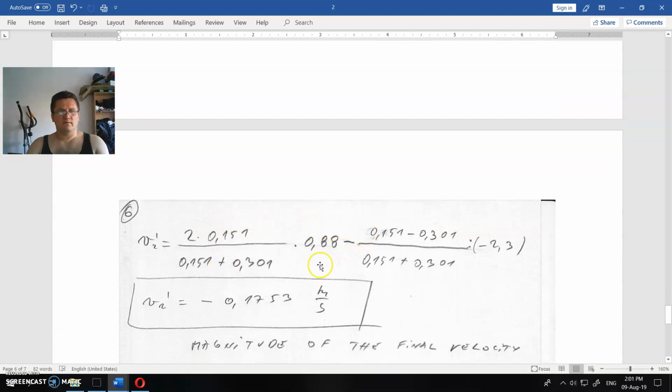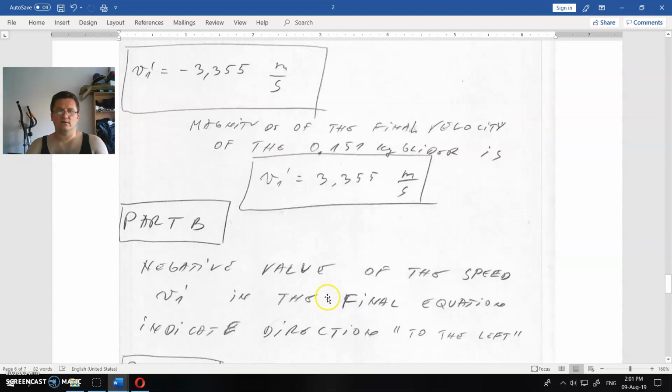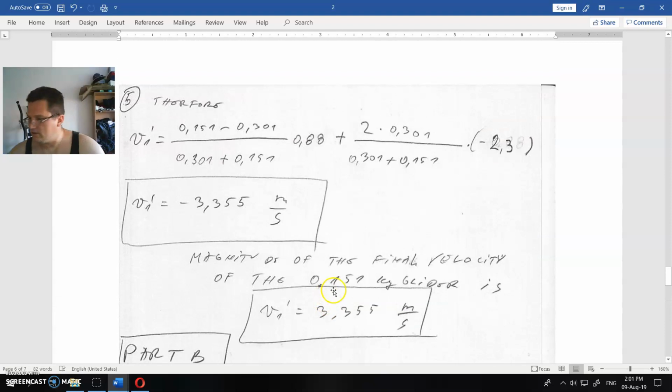And when you place the corresponding numbers, well, look here, the genius didn't write here the dimensions of the speed. That is necessary. All kilograms will cancel each other, but the speed unit will remain.